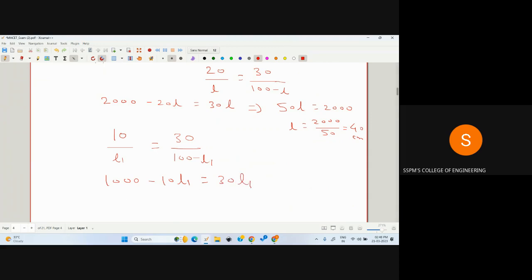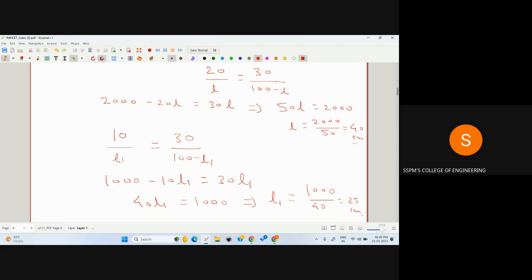You solve this: minus 10 L1 will come to the right hand side. It becomes 40 L1 is equal to 1000. So L1 is equal to 1000 divided by 40, or 100 divided by 4, which gives 25 centimeter. Now look at the first case: when the left is 20 and right is 30 ohm, the balance point is at 40 centimeter.